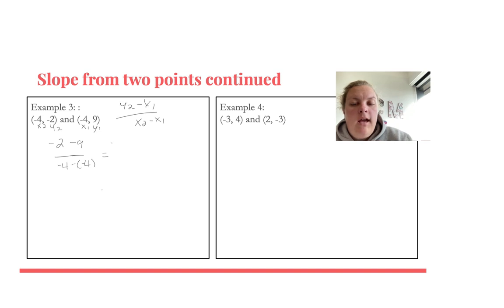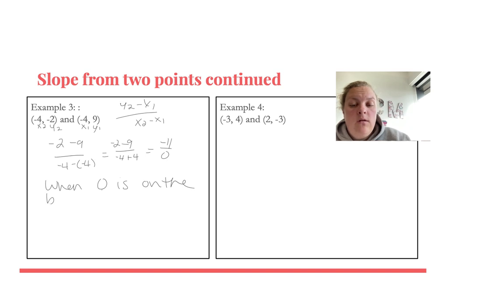That's going to leave a -2 minus 9 on top and a -4 plus 4 on the bottom, because the double negative, minus a negative, turns into a positive. This is going to give us -11 over 0. When 0 is on the bottom, it's undefined.